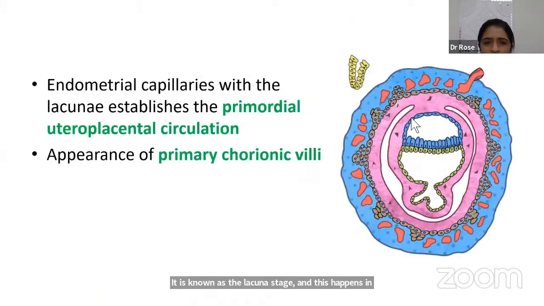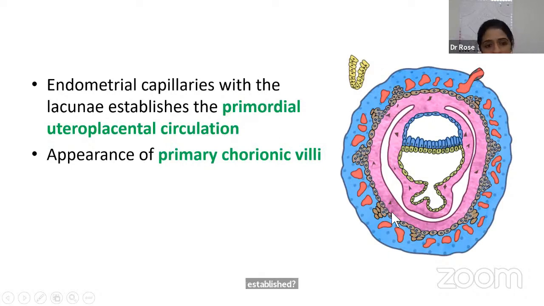The endometrial capillaries invade the lacunar spaces, and once these spaces are filled with maternal blood, that is the first point when the uteroplacental circulation is established. So when is the uteroplacental circulation established? That also happens in the second week of development.